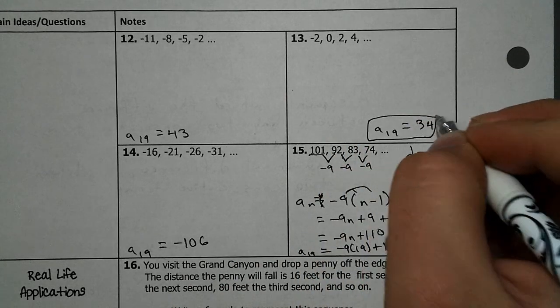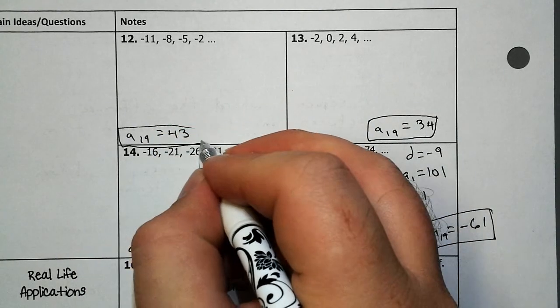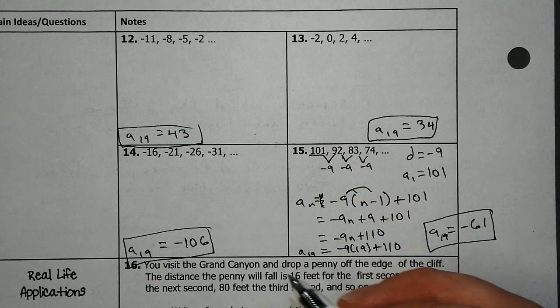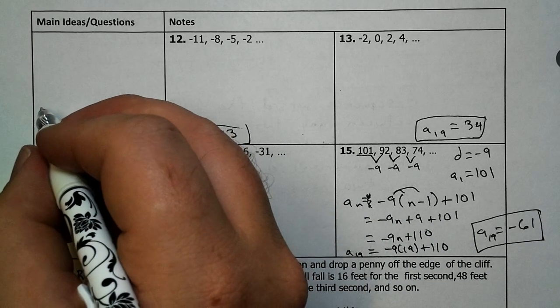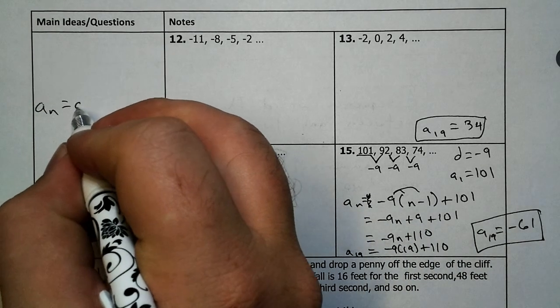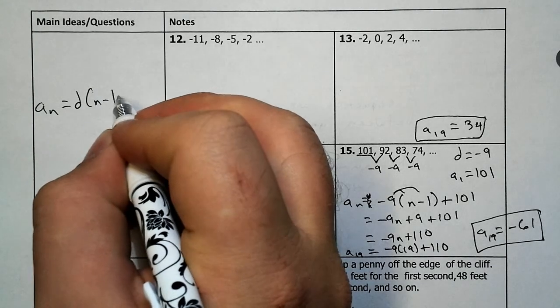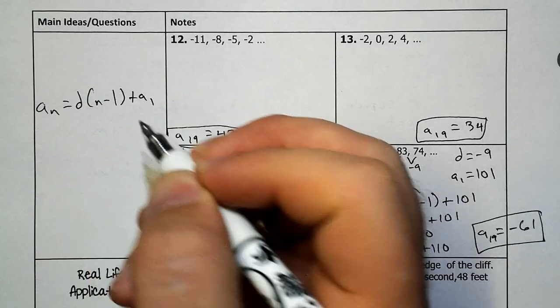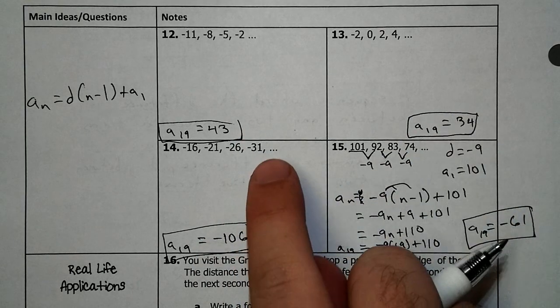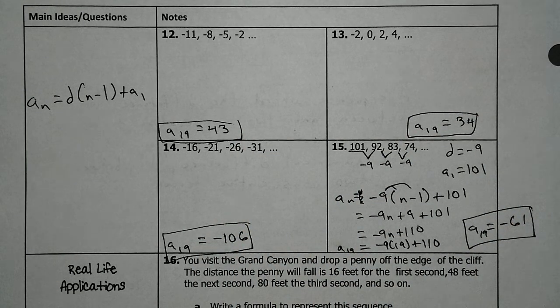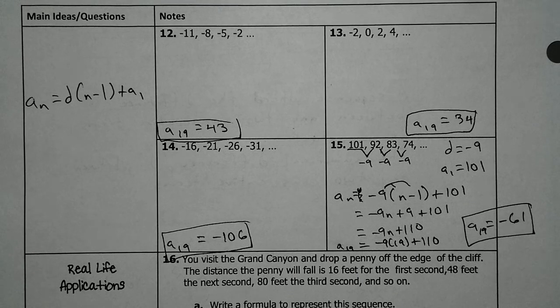So I want you to try 12, 13, and 14. Remember to use your formula: a sub n is equal to d times (n minus 1) plus a sub 1. And if you can fill those out and get those three answers, then you know you've done it right. I'm going to stop the video here, and we'll do the word problems on the next video.